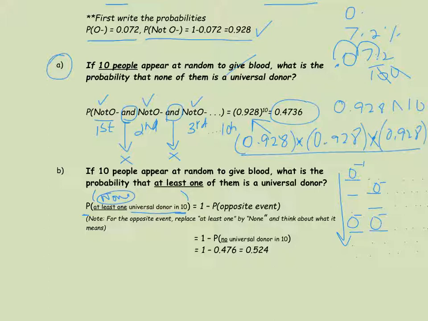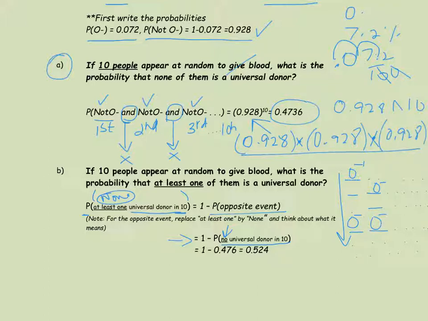And then think through what exactly that means. So we have 1 minus the probability of the opposite event, where we replace at least one by none: no universal donors in 10.